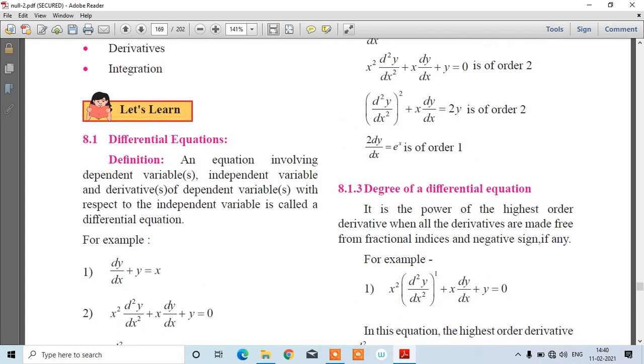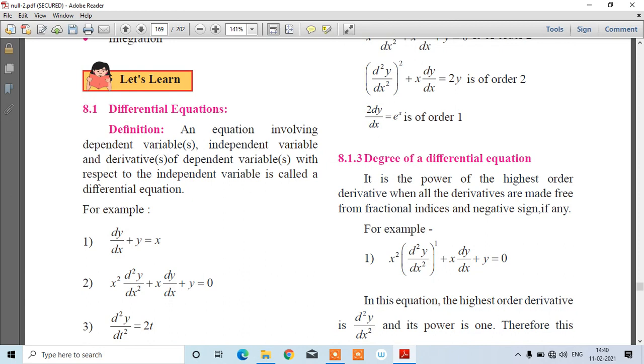See, what is the definition of differential equation? It is given here, 8.1. Definition: an equation involving dependent variables, independent variable, and derivatives of dependent variables with respect to the independent variable is called a differential equation.